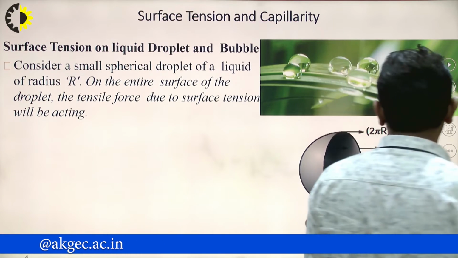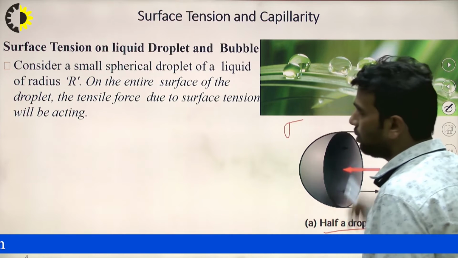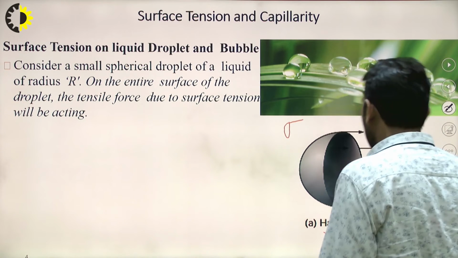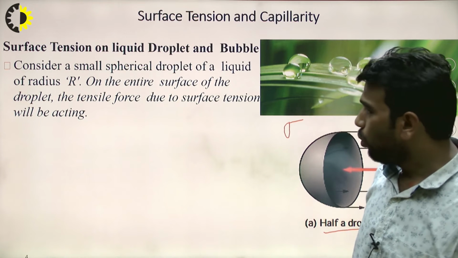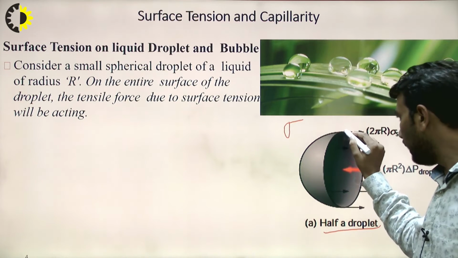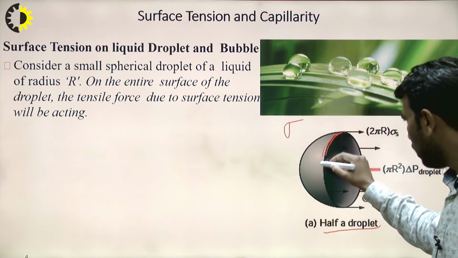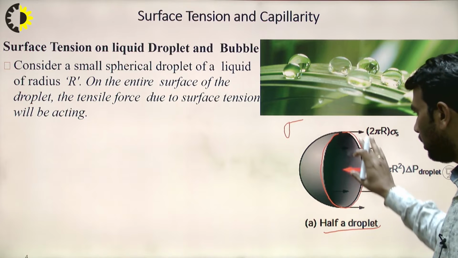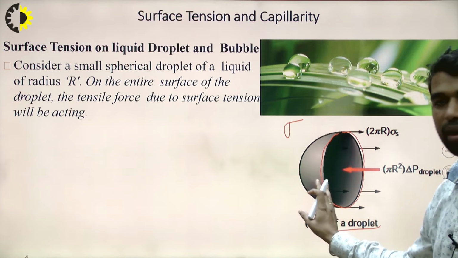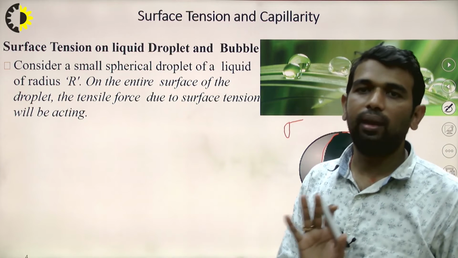So I choose the amount of surface tension as sigma. If the surface tension is sigma, what is the total length of the surface exposed to the air, because it's a droplet? Inside the droplet, it is completely filled with the same liquid, and outside it is nothing but air.